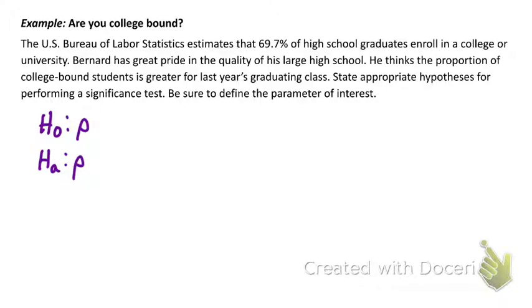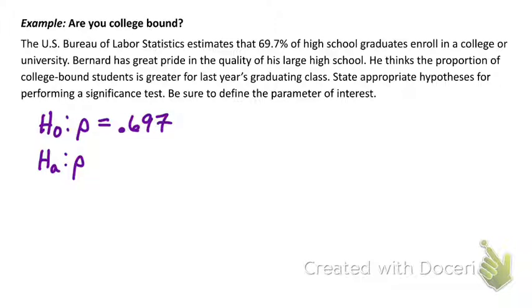Not P hat, because that would be about the sample. We're not talking about the sample here. We're talking about the population. The null hypothesis is that P equals what it has been stated to equal in the past, which would be 0.697 or 69.7%. So P is 0.697. Now, Bernard has a hope, a suspicion even, that at his large high school, the proportion of college-bound students is greater than last year's claimed value.